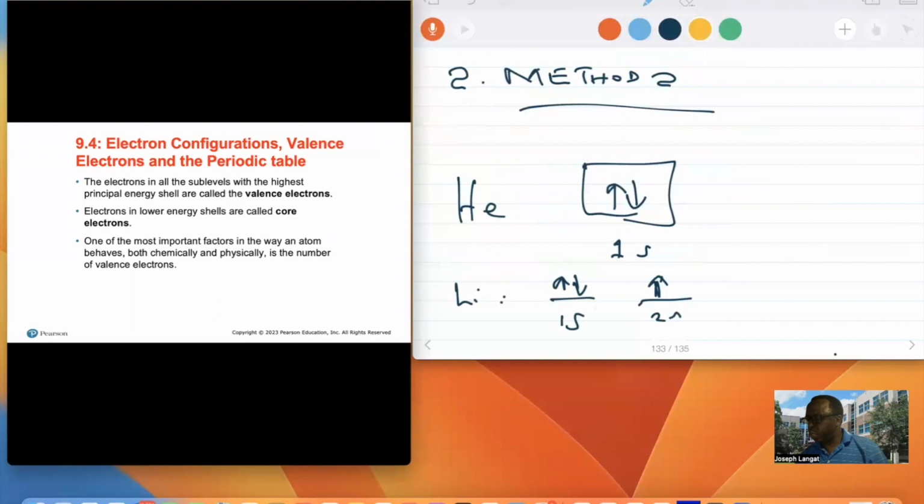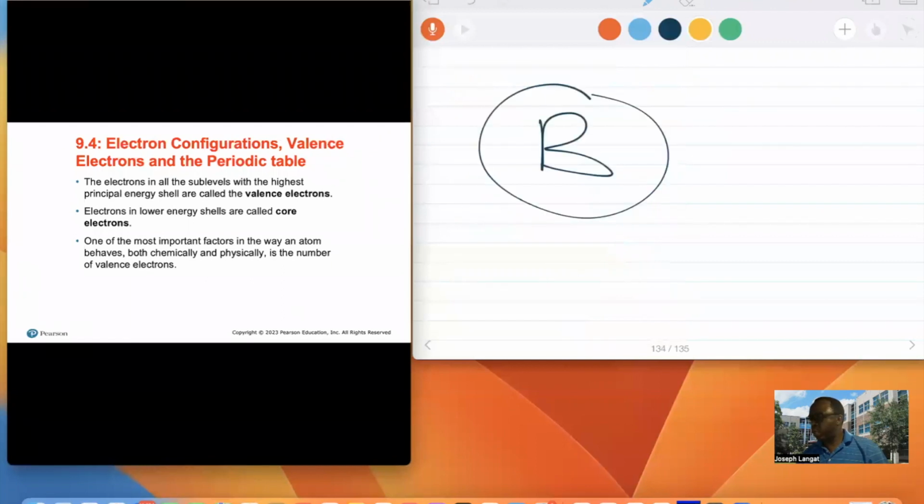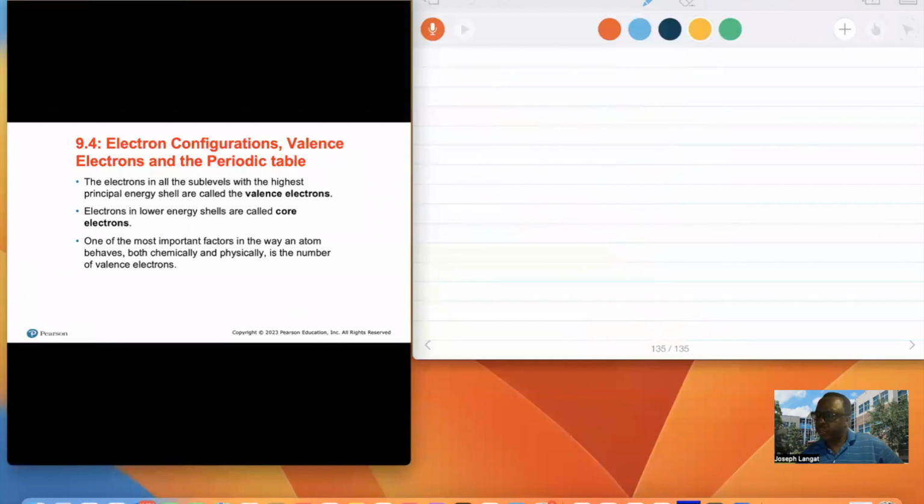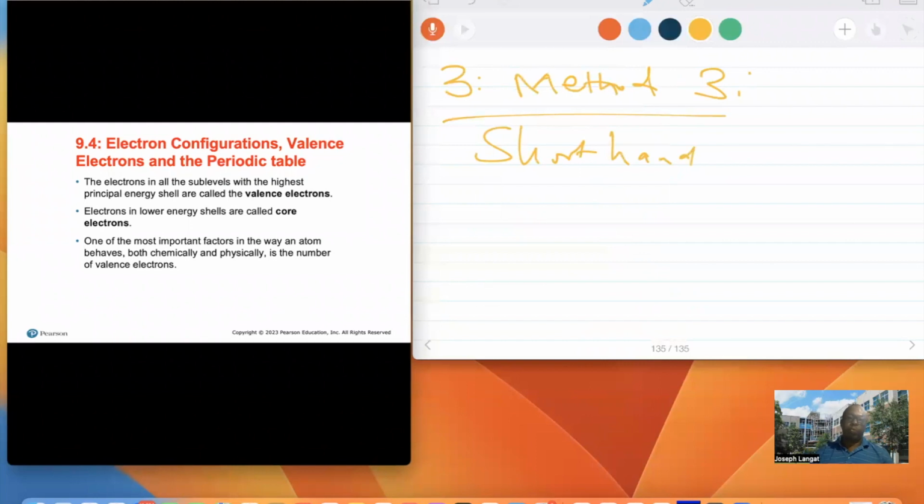Then method two, orbital filling diagram, and then method three here. I'll call this short. It is abbreviated.